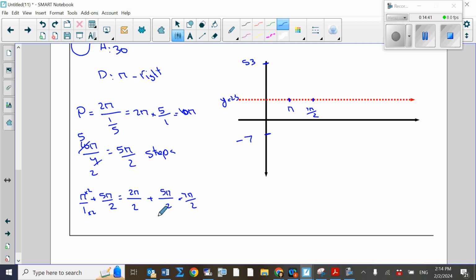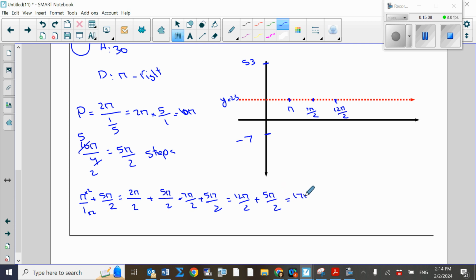The next one, what is the next one? We're going to add 5 pi over 2 to the previous one. So this plus 5 pi over 2 is going to be 12 pi over 2. You can simplify this as 6 pi, or you can just keep it as 12 pi over 2. It just makes the calculations a little bit easier. And then add another 5 pi over 2.